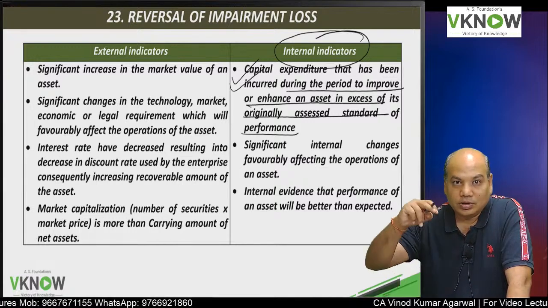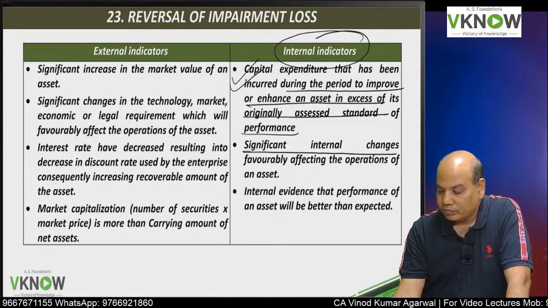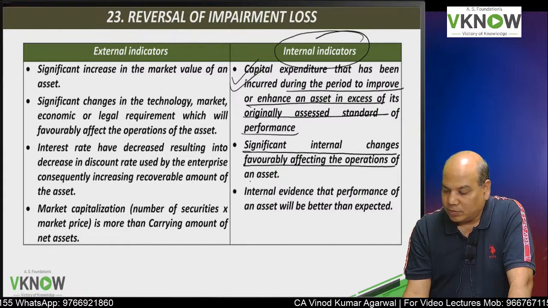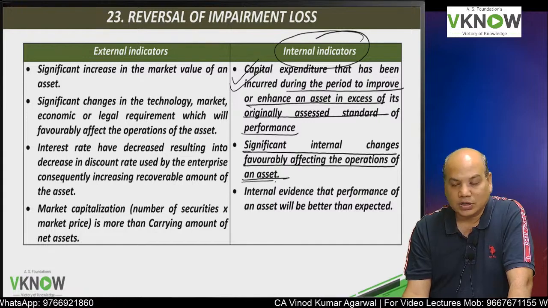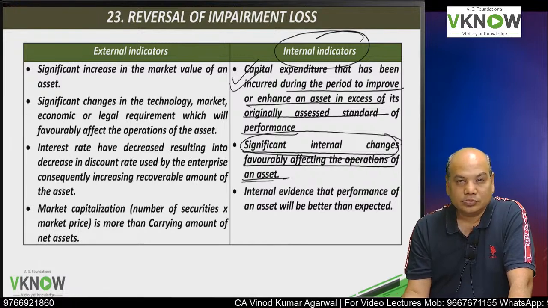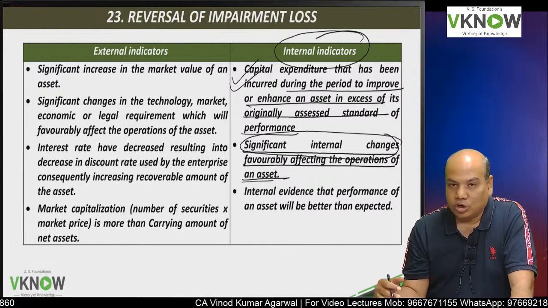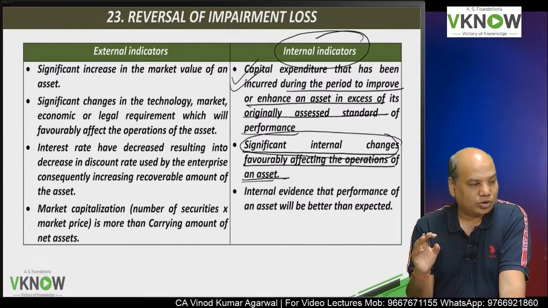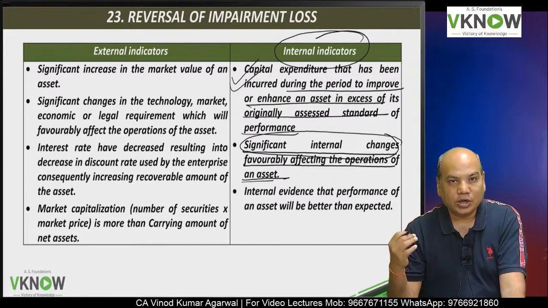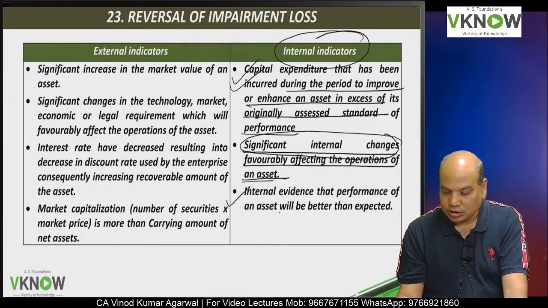These are indications of increase in recoverable amount, or significant internal changes favorably affecting the operation of an asset. So positive changes within the organization: restructuring, capital expenditure, reorganizing the business, and that restructuring is now over and you believe the asset will generate more output.